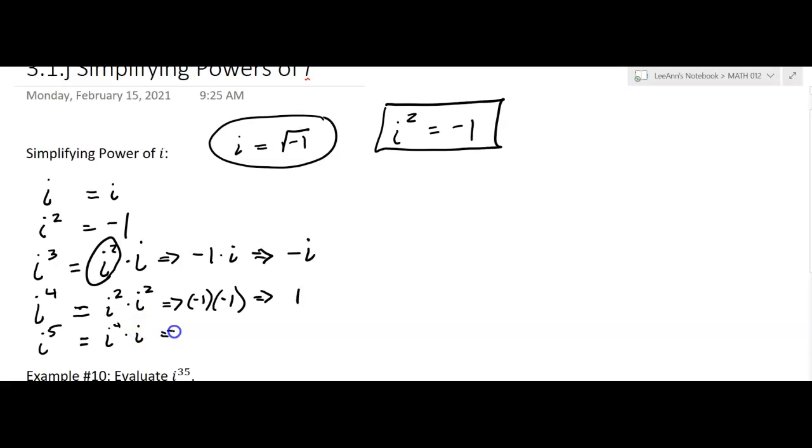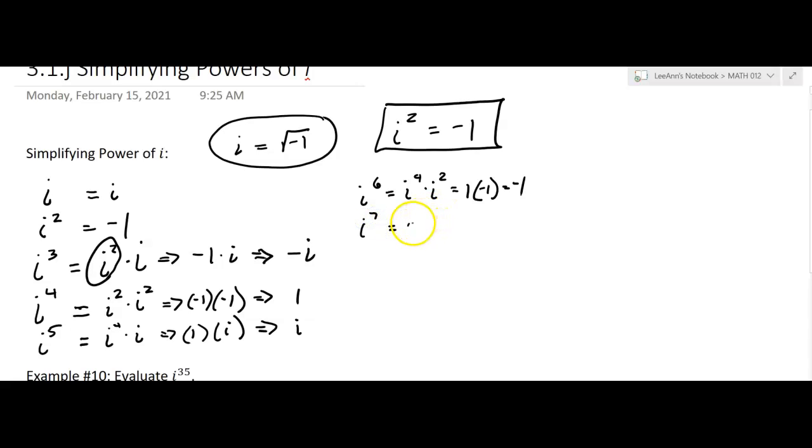So that would be 1 times i. That's just going to be i. What if I had i to the sixth power? Well, that would be i to the fourth times i squared, which would be 1 times -1, which would be -1.